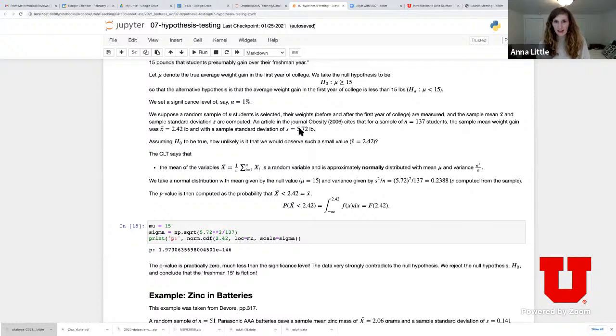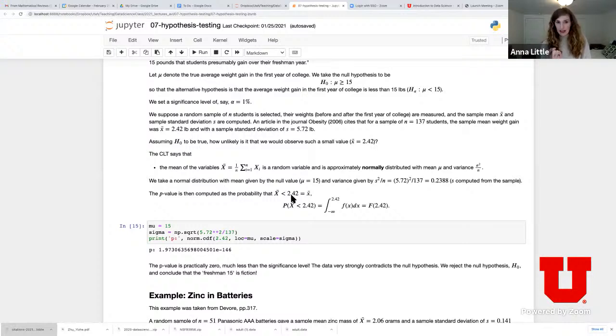But that's okay. Let's just use the sample standard deviation of 5.72, plug that in, and we see that we would expect a standard deviation of about 0.2388. Okay, so then we can compute, what's the probability that the sample mean is smaller than 2.42, if the null hypothesis is true, if the mean weight gain really is at least 15 pounds?